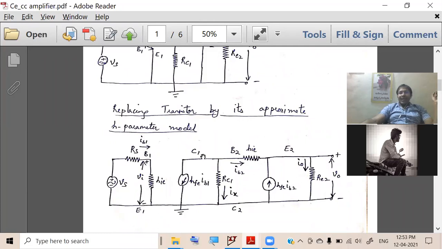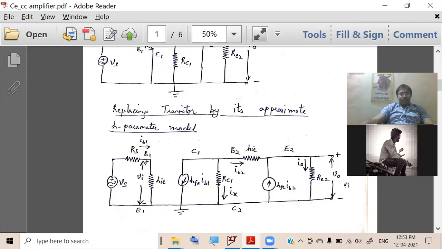So I have to use this branch. The voltage drop here I get easily, current into resistance. Here V naught I already have. So better I use this loop, E2, B2, C2. If I use this loop, then I get another relation for IX.